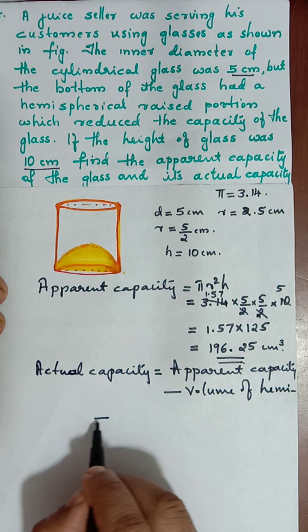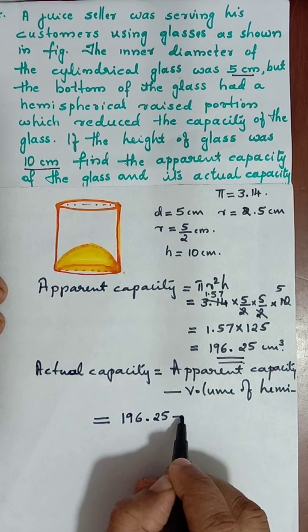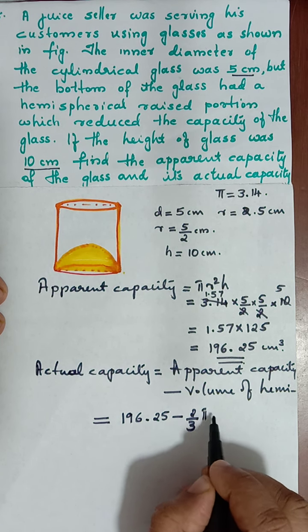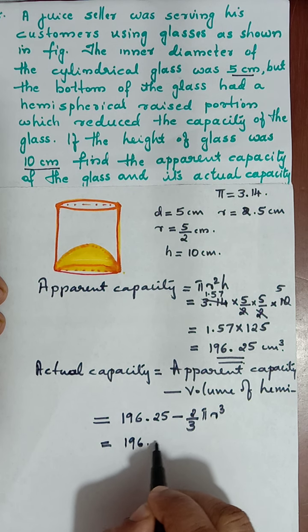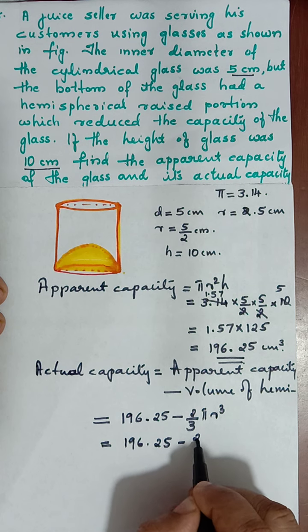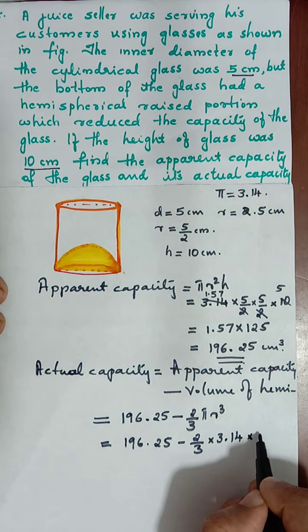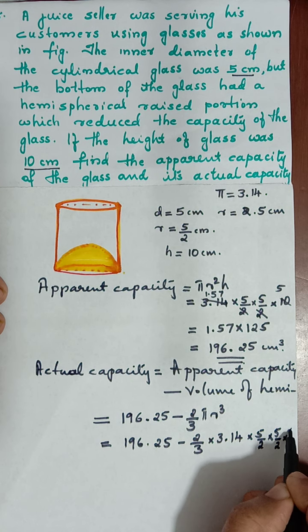What is the apparent capacity? 196.25. Volume of hemisphere is 2 by 3 pi r cube, that we have to find out. 196.25 minus 2 by 3 into 3.14 into 5 by 2 into 5 by 2 into 5 by 2.